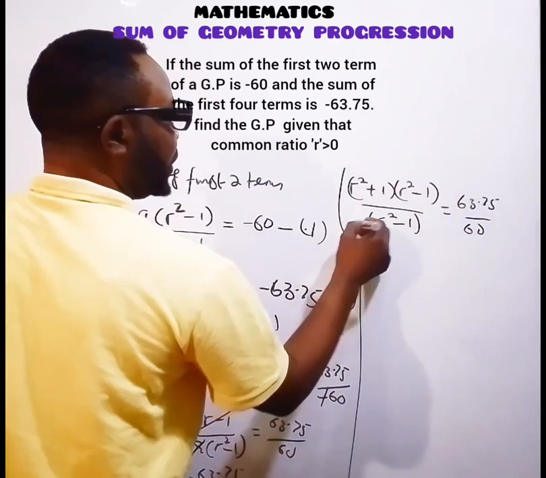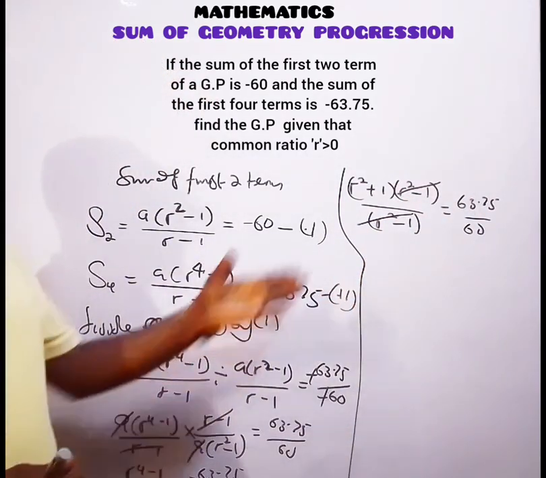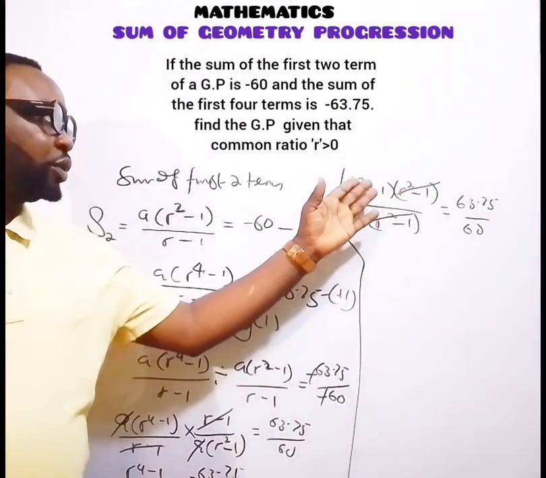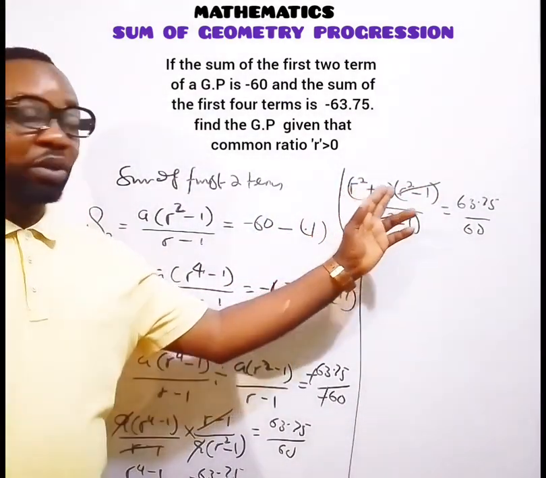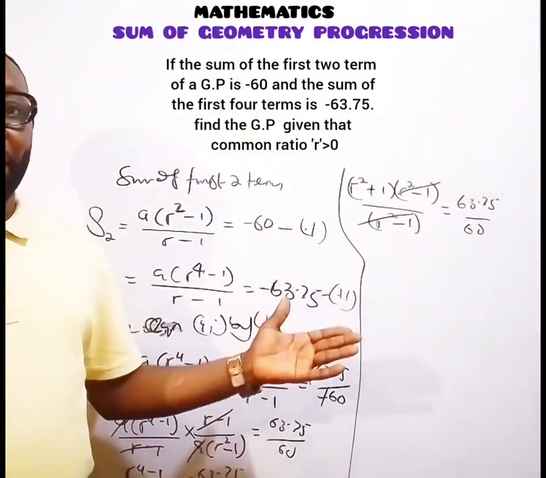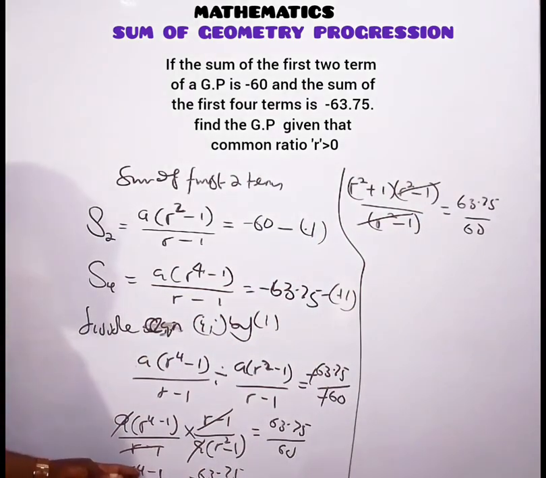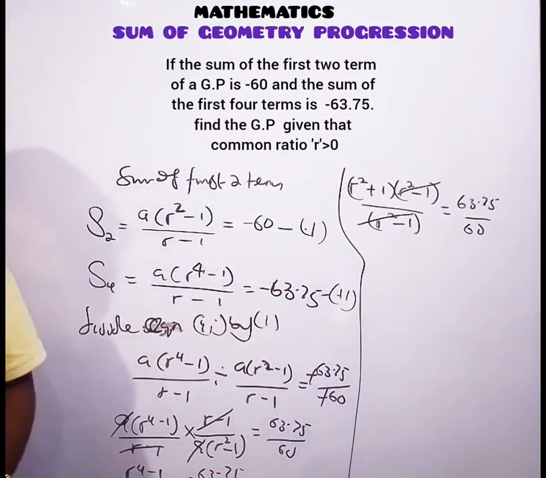If you look at it very well, you call this one out. Somebody will ask me, how do I get r^2 + 1? If you expand the bracket between r^2 + 1 and r^2 - 1, you get r^4 - 1. That is a perfect square of this particular value we have here.